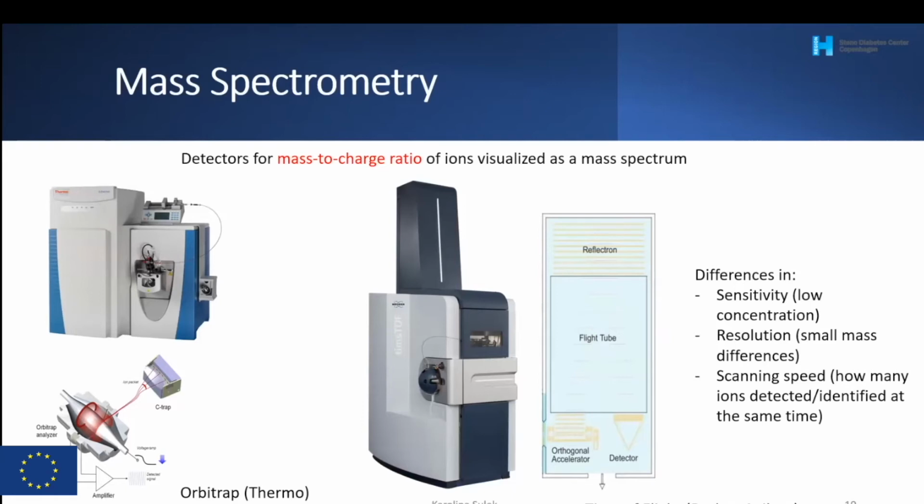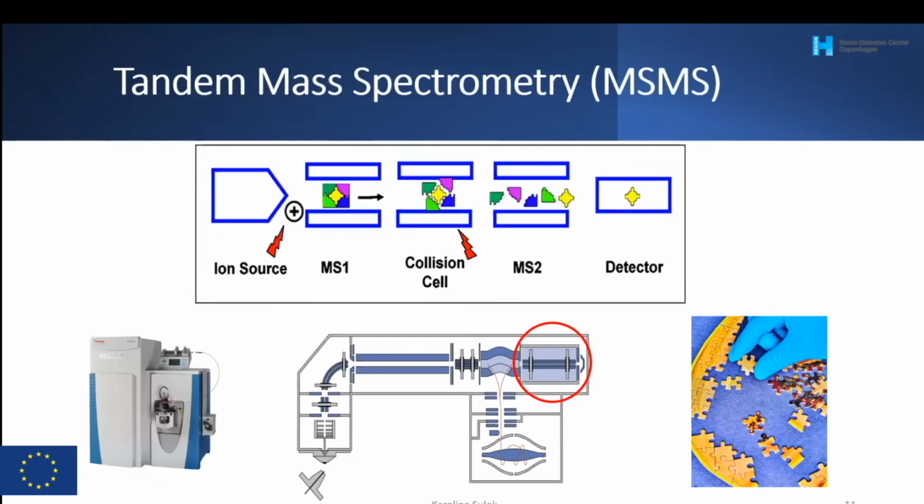Resolution means how well I can see the difference between two compounds of almost identical mass to charge ratio. And scanning speed means, if I have a mix of different ions coming in at the same time, how well the machine can process this.